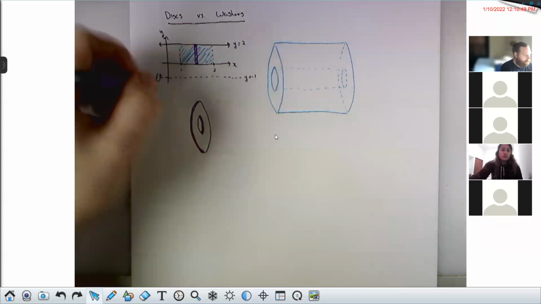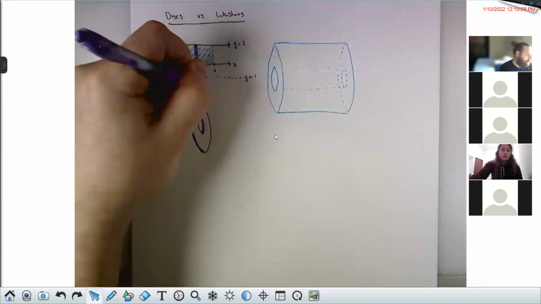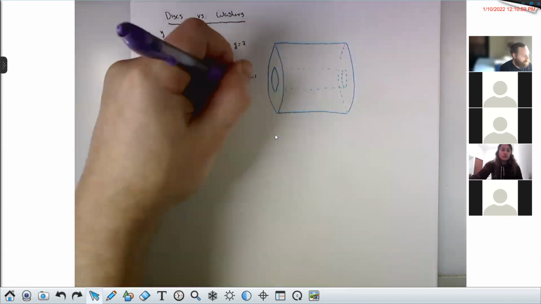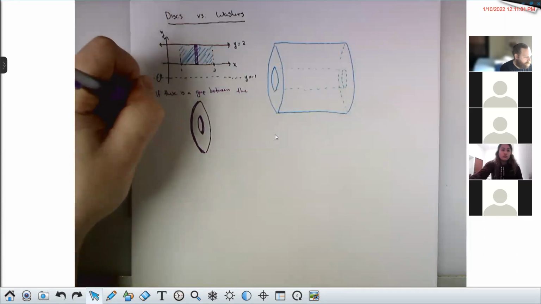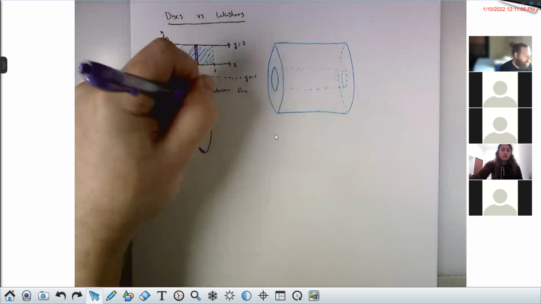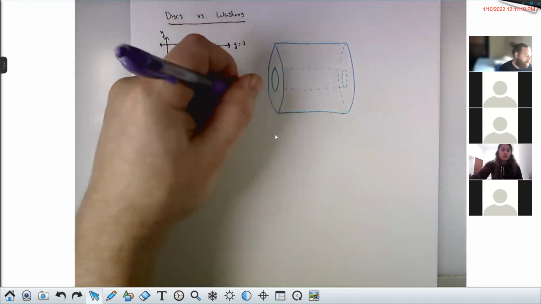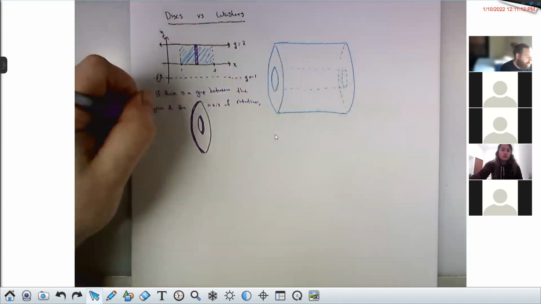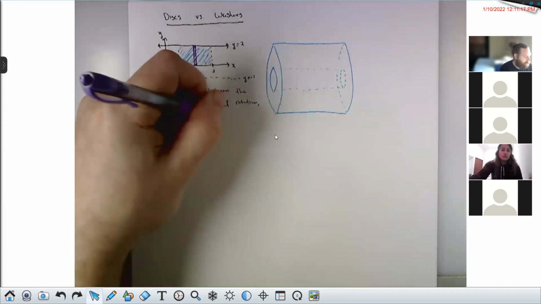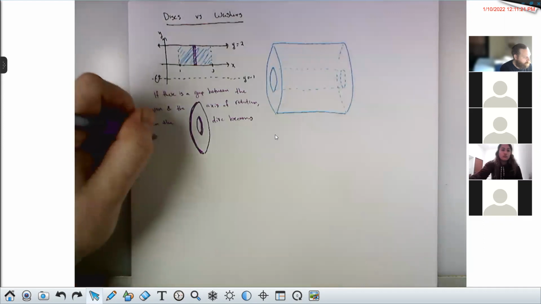So if there is a gap between the region and the axis of rotation, then the disk becomes a washer.